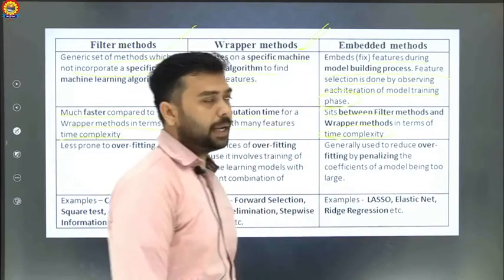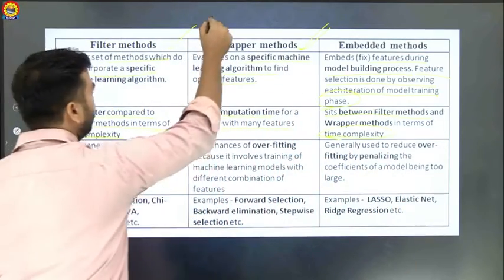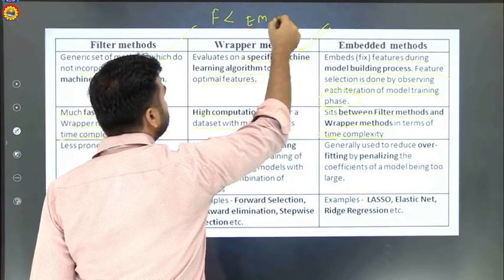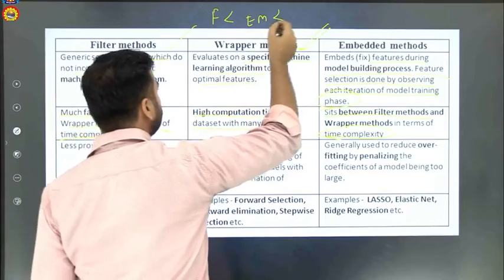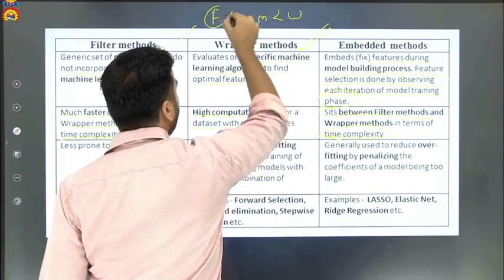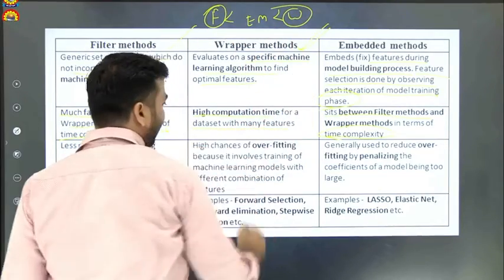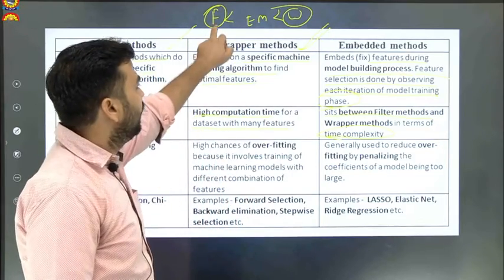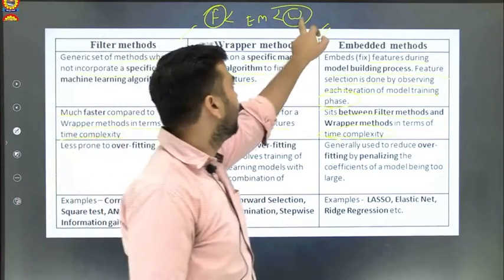So the time complexity of the filter method is less than embedded, and embedded is less than the wrapper method. Finding the subset of features is very fast in the filter method and very slow in the wrapper method.